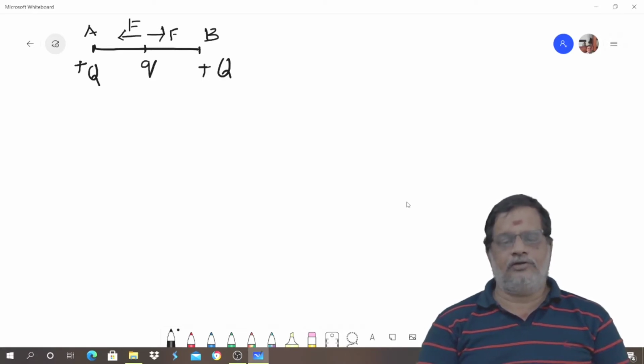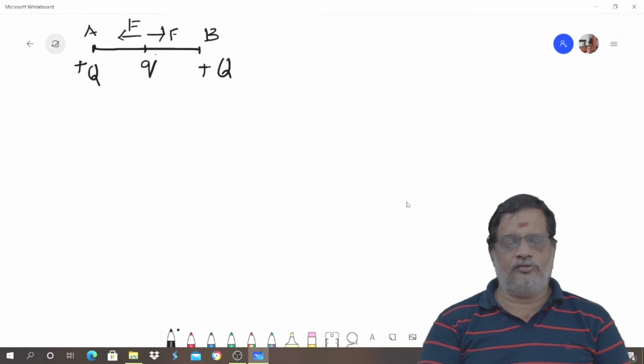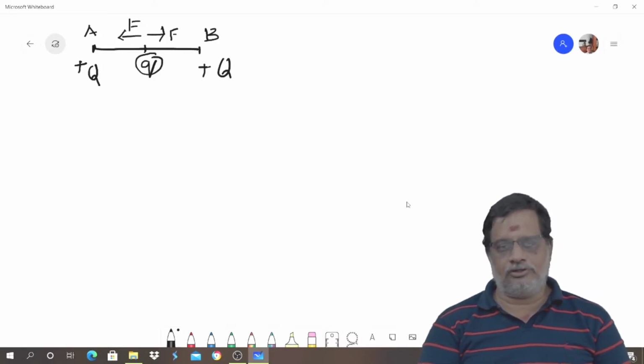So the net force on the small q is 0 and the condition for equilibrium is satisfied. The lines of action of the two forces are the same, so there is no possibility of the formation of any torque here. So the middle charge is in equilibrium.